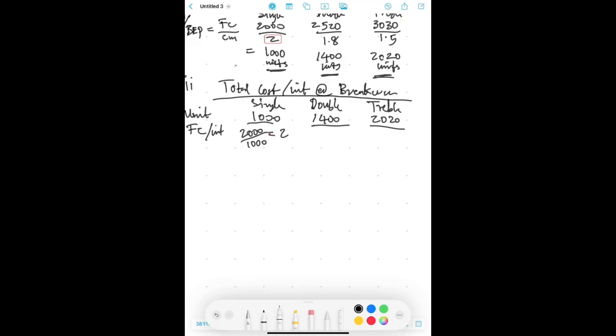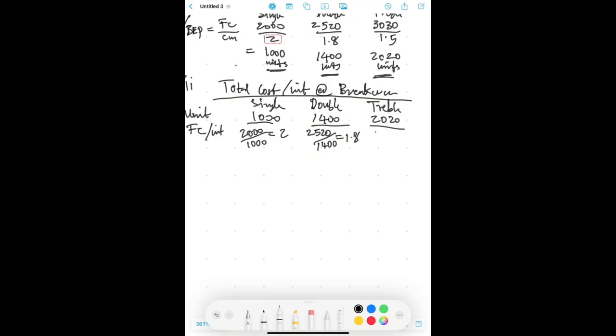And I'll do the workings here. The fixed cost here is 2,520 divided by the number of units, 1,400. That will give us 1.8.